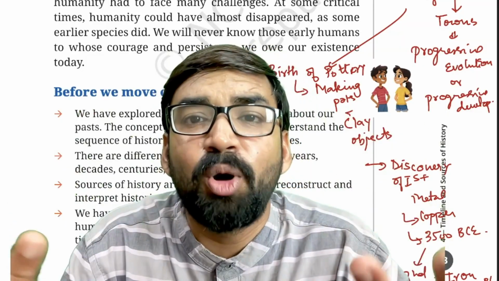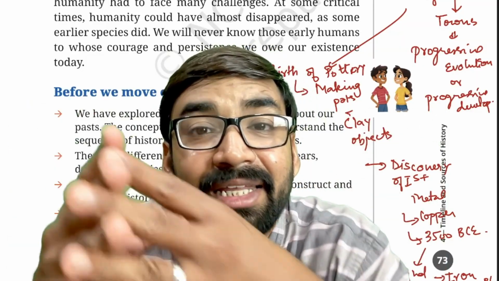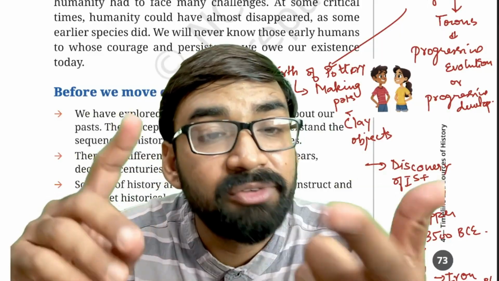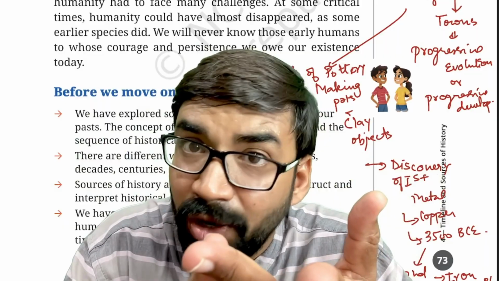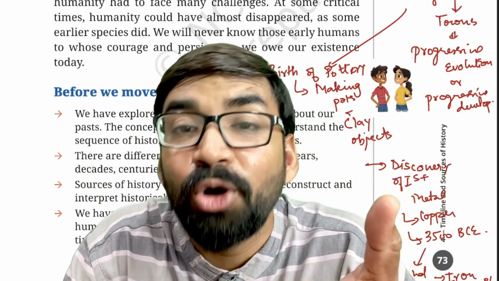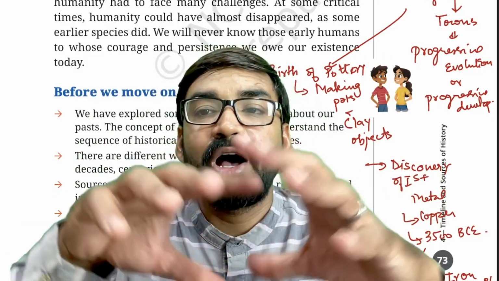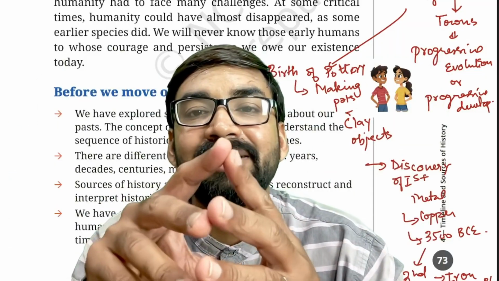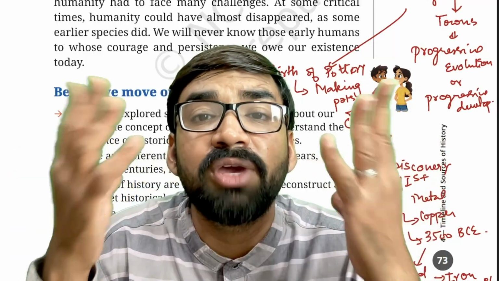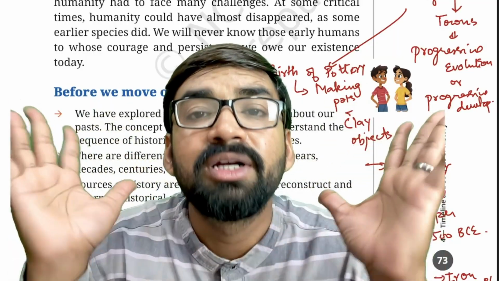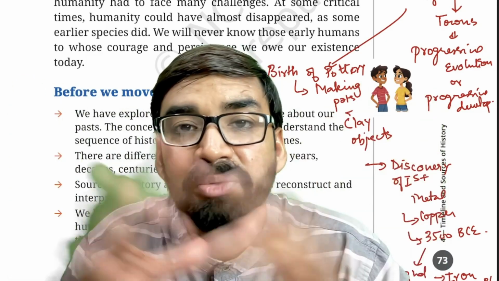And with the growth of population, people started residing nearby rivers. Why? Because river provided water. Second, fertile soil. Third, easier for crop cultivation. This is how the evolution took place in the life of human beings, and this evolution is called progressive evolution or progressive development. I hope this much is clear to all of you.